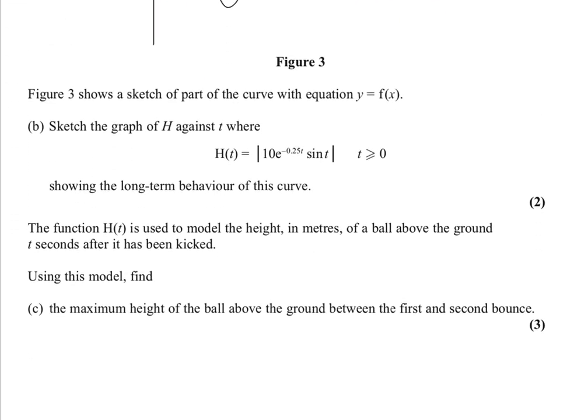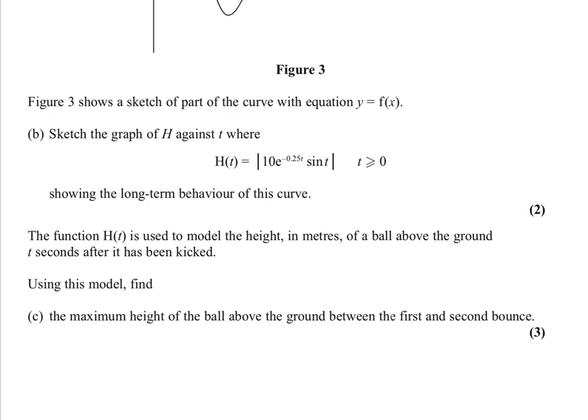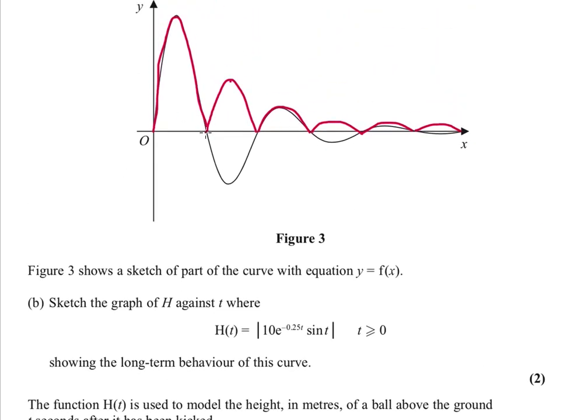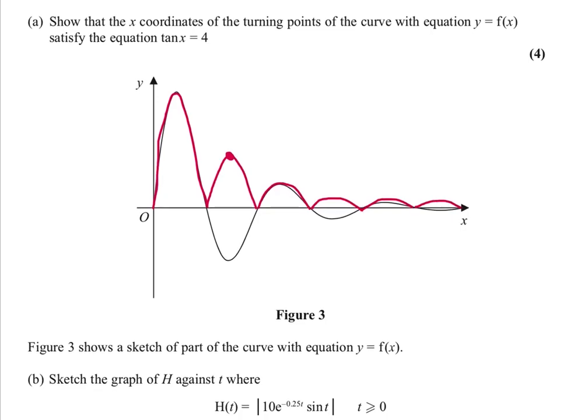It says, using this model, find the maximum height of the ball above the ground between the first and second bounce. So here's the first bounce and the second bounce. So we're being asked to find this point here. So that's the turning point, the second turning point of the function.